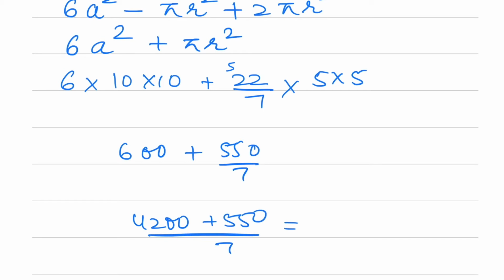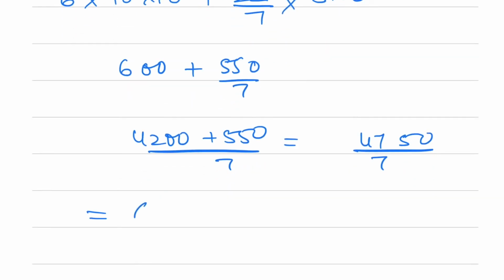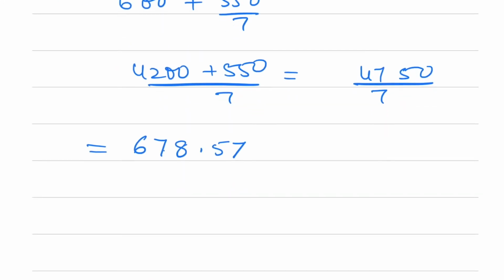This we get 4750 by 7. Dividing, we get 678.57. This is the total surface area, and we have to find the cost of painting.